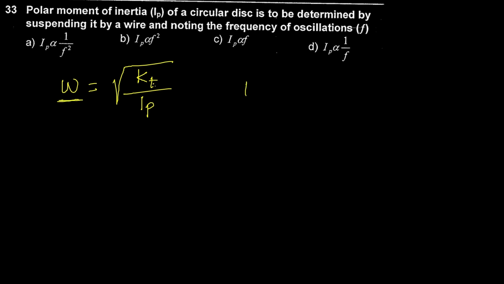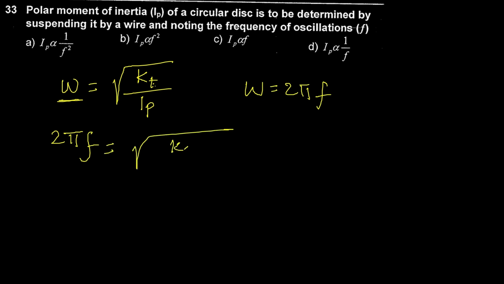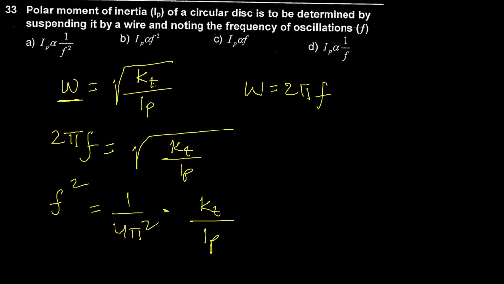Now, omega equals 2 pi f. So, 2 pi f equals square root of Kt by Ip. Now, squaring both sides, f square equals 1 by 4 pi square times Kt by Ip. From this we can state that Ip is directly proportional to 1 by f square. The correct answer is option A.